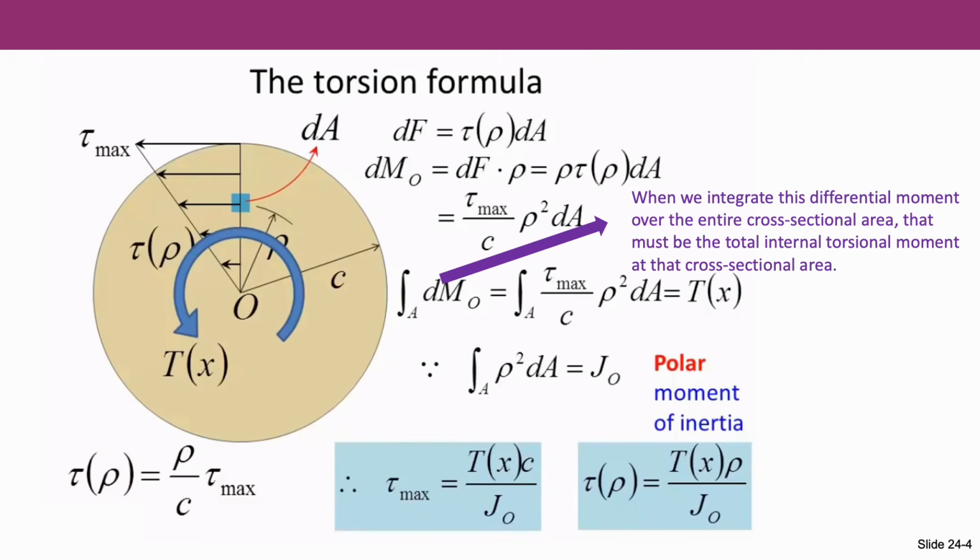When we integrate the differential moment about the point O over the entire cross-sectional area, this value must be equal to the total internal torsional moment Tx at this cross-sectional area.